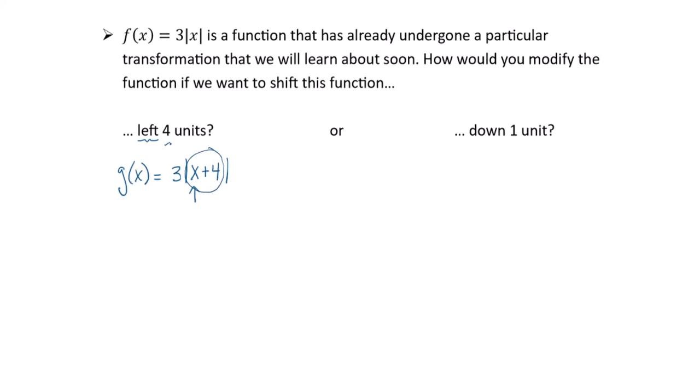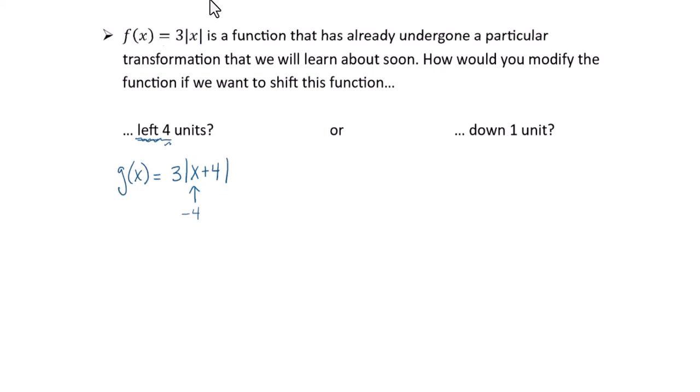It would be a -4 that you would have to put in there, and -4 is going to mean left 4 units for us. -4 inside the absolute value for the x is going to give us 0. Absolute value of 0 is 0, times 3 is 0. Whereas up here, we just use an x value of 0 to get an output of 0 in this function.